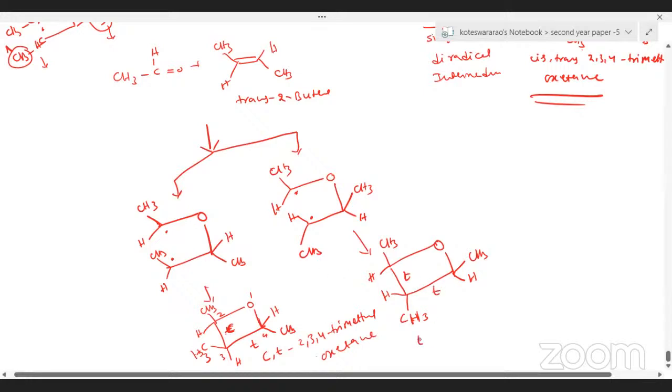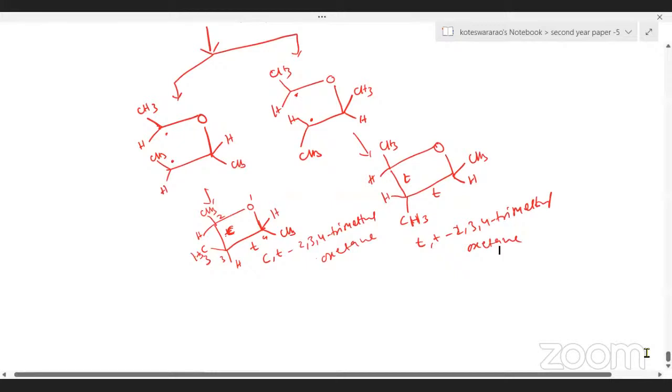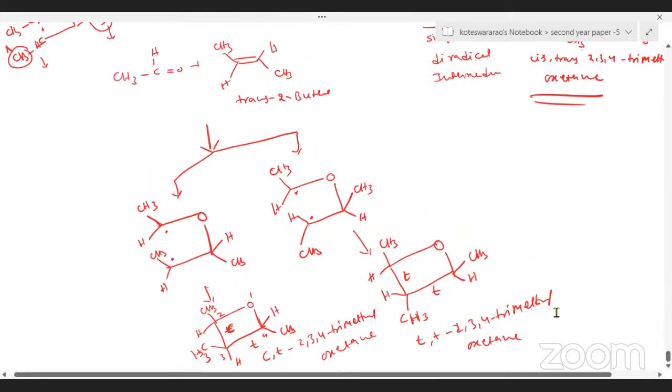Now the product is trans, trans, 2, 3, 4-trimethyl oxetane. This is one product. Look here, the products obtained from the cis isomer are different from the products obtained from the trans. But here the product ratios are also 50-50%. Here also 50-50%.